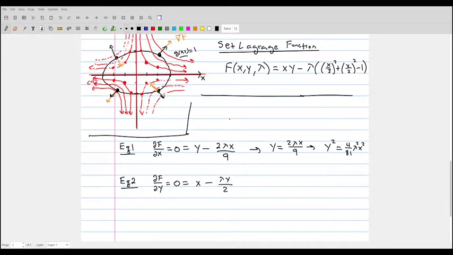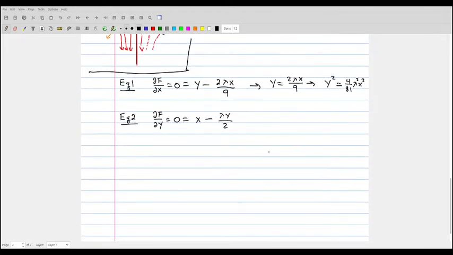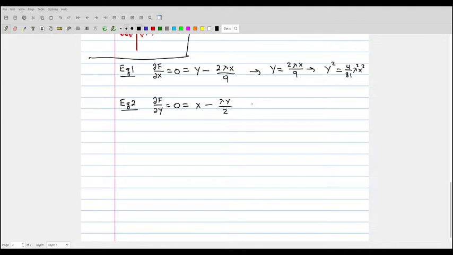When you take the partial derivative of this right here, this is exactly what you'll get. And again, rewriting this in the form x equals lambda y over 2, or x squared is equal to 1/4 times lambda squared y squared, will be convenient for us when we plug into equation 3.